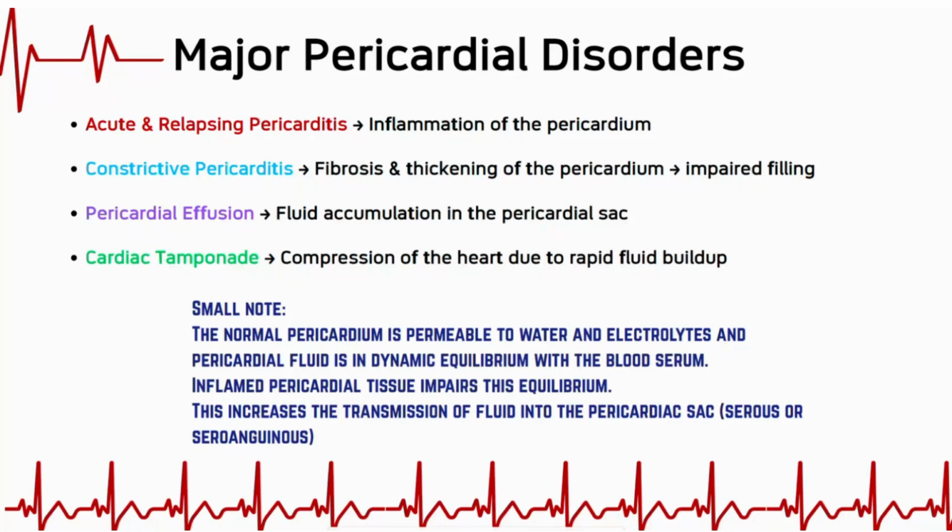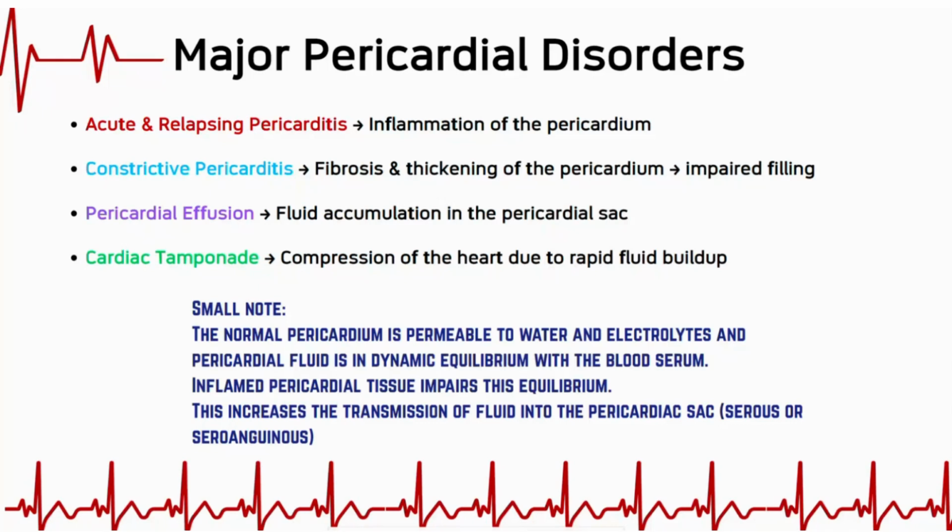So how does it do this? Your normal pericardium, there is transmission of water and electrolytes and pericardial fluid with the serum of the blood, right? Now, inflamed pericardial tissue impairs that equilibrium, and if the equilibrium is impaired, then you have an increased transmission of fluid into the pericardial sac, and this can be serous or serosanguinous.